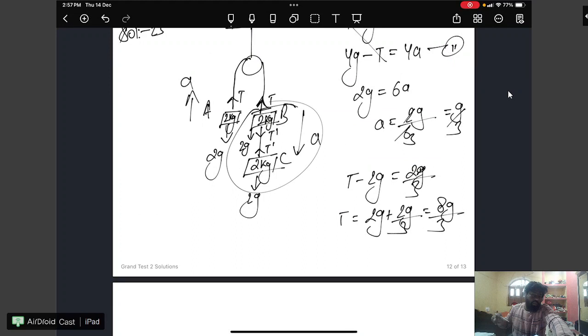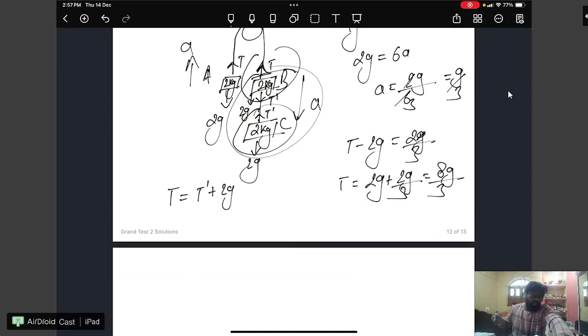Now we have to find T dash, the tension in string connecting BC. Under equilibrium condition, for a moment we stop the motion. T upward equals T dash plus 2g, upward and downward forces are equal.